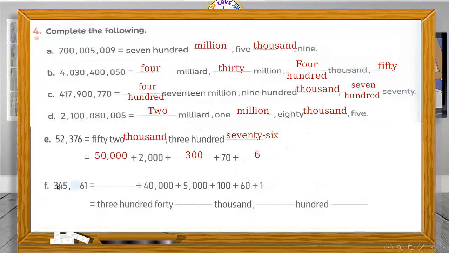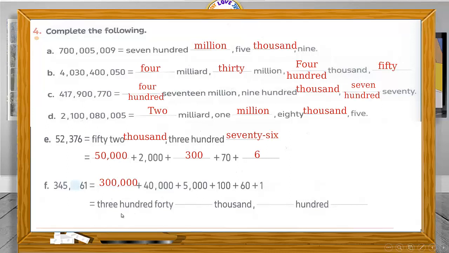The highest place we have 3, so you should write 300,000. And for 40,000 he wrote 40,000 and 5,100. Focus well here because we said here we are missing the digit inside hundreds place, and he wrote here in expanded form. So the digit here is 100.